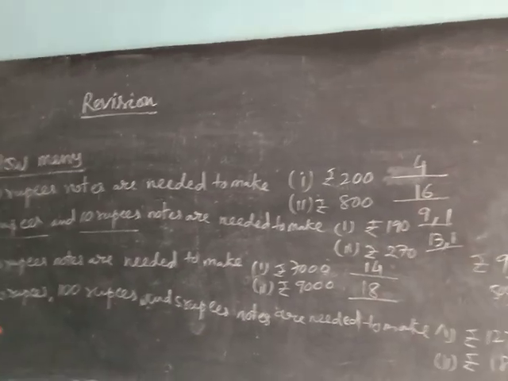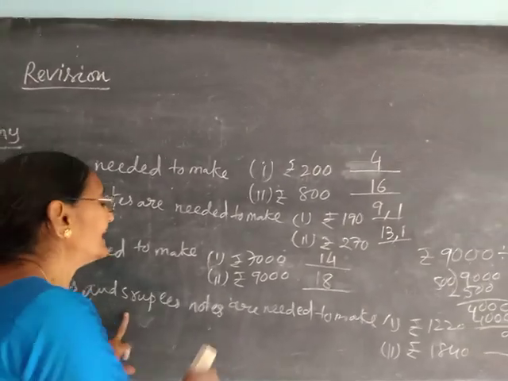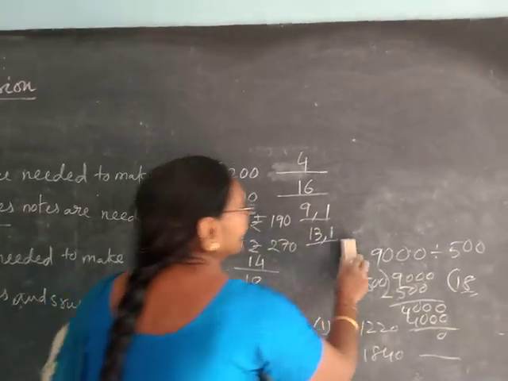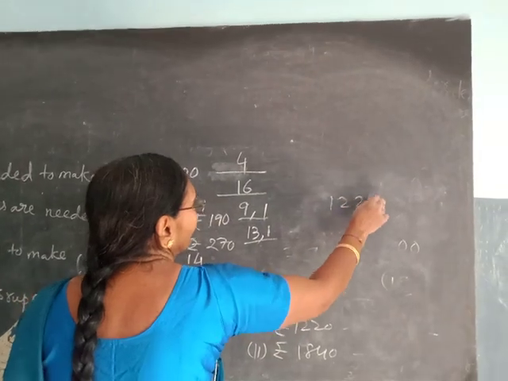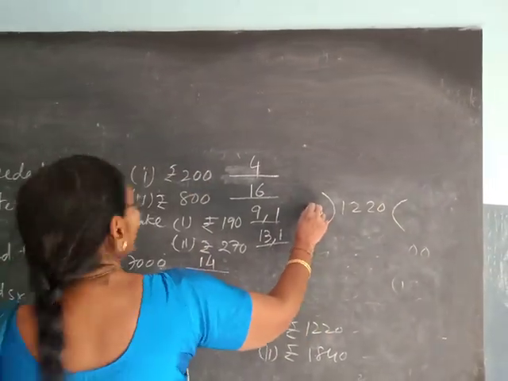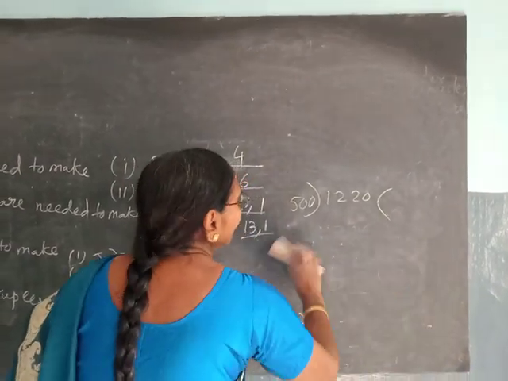In the same way, how many 500 rupee, 100 rupee and 5 rupee notes are needed to make 1,220? First divide 1,220 by 500 rupees. How many 500 rupee notes are needed?